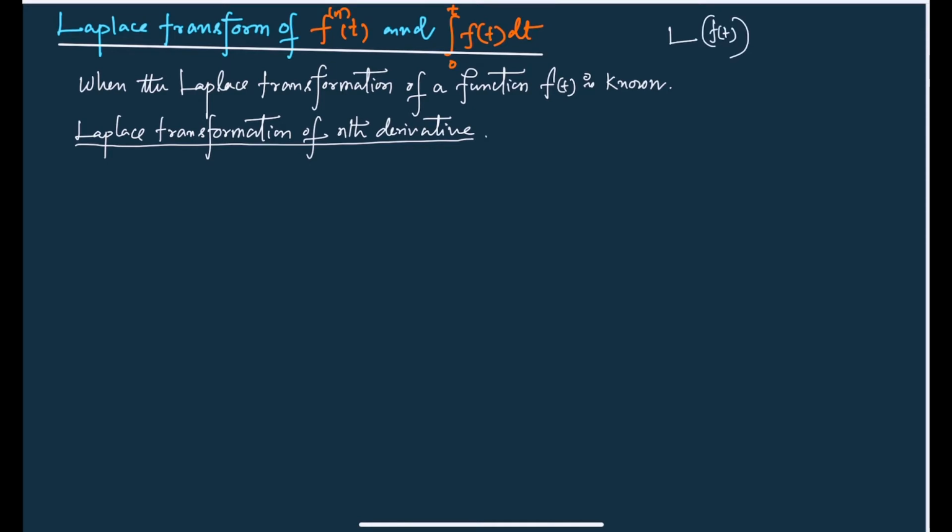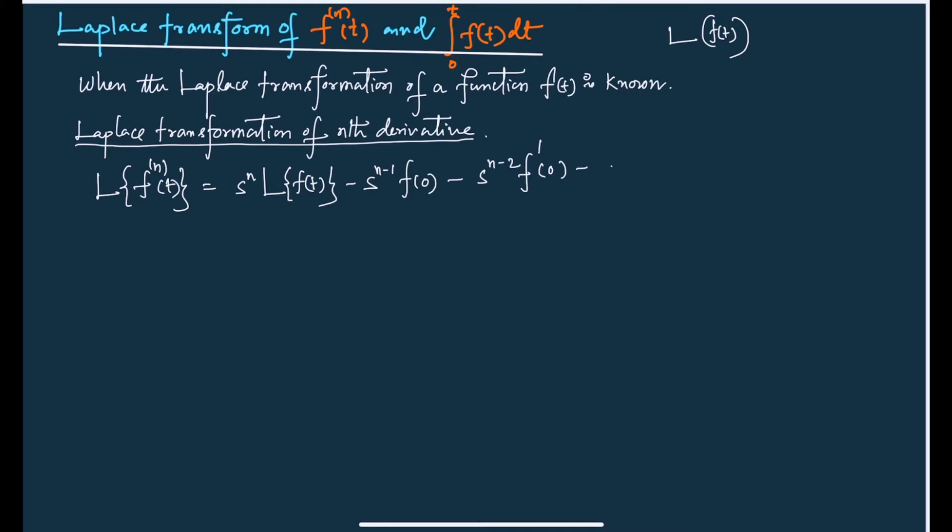But in this case, the Laplace transformation of the nth derivative of f of t is nothing but s to the power n times the Laplace transformation of f of t, minus s to the power n minus 1 times f of 0, minus s to the power n minus 2 times f prime of 0, and it goes on like that up to f to the power n minus 1 of 0. These are the derivatives, and the functional value is there.